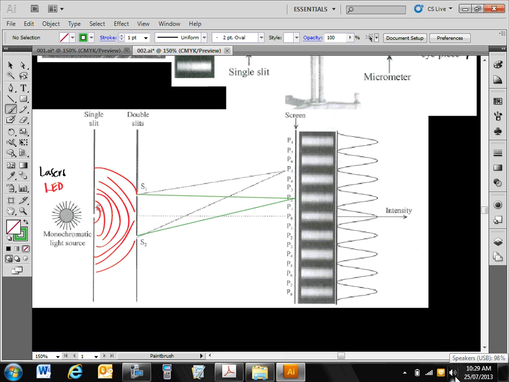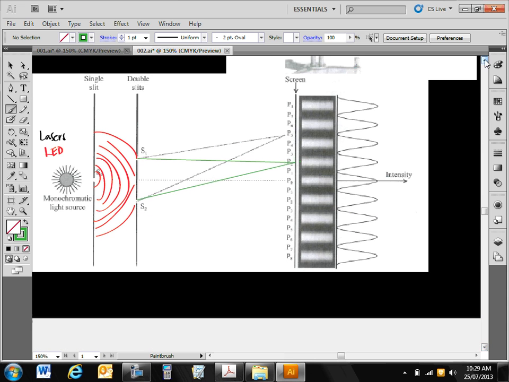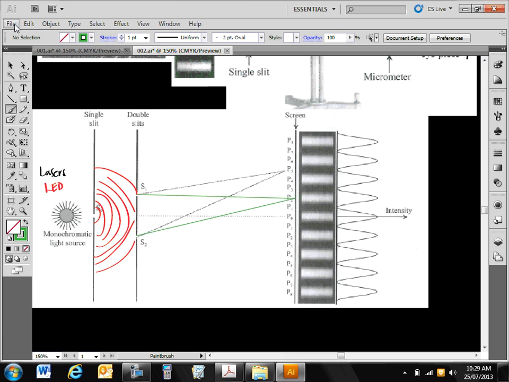Notice that we have a bright band there, the first bright band, 1 wavelength. Okay, path difference of 1 wavelength to this point. I'll just leave this conceptual. We'll go on to the next diagram. Any questions there?